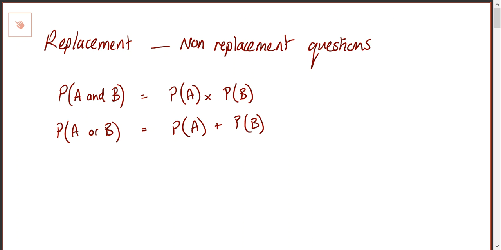So what we're talking about is what happens when the probability of the second outcome is affected by what came before. Okay.